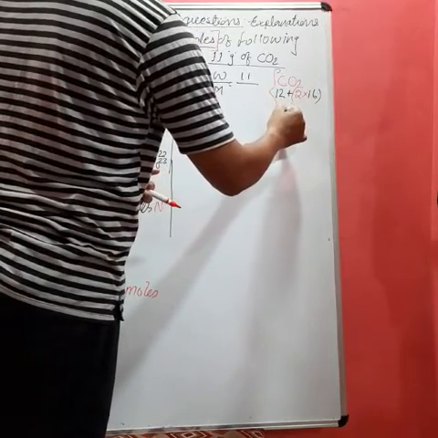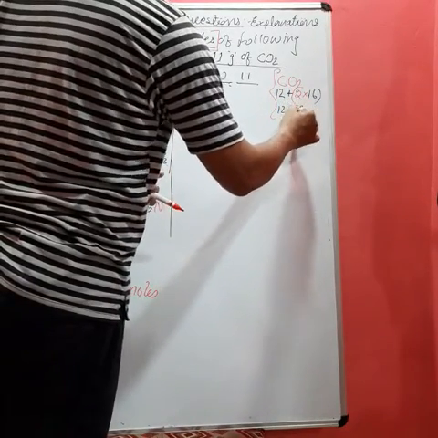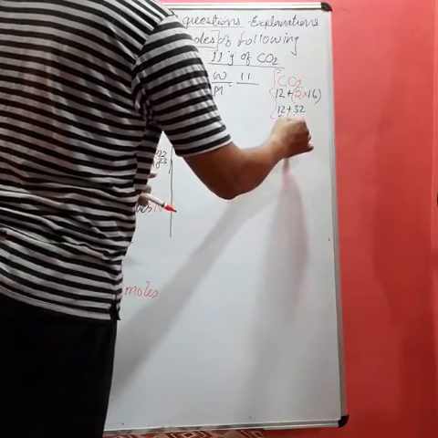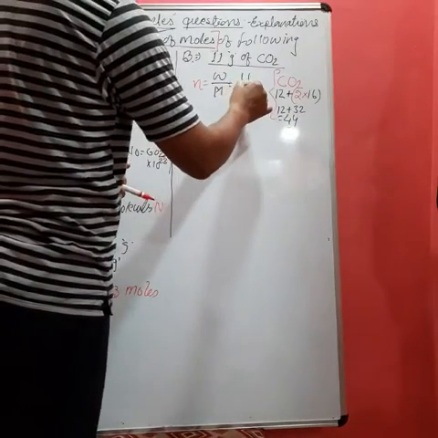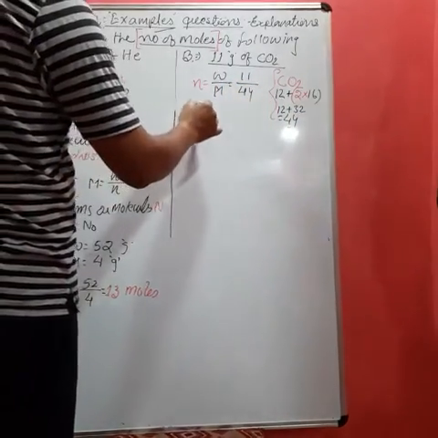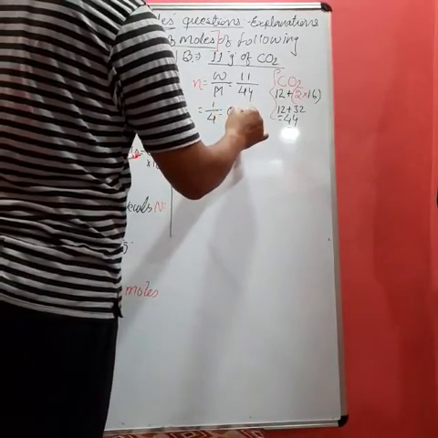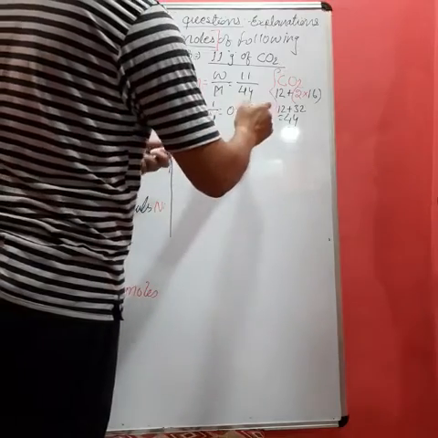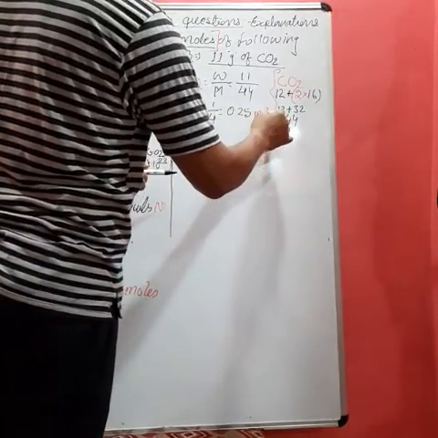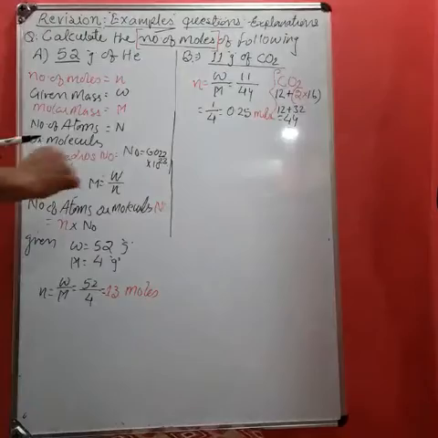So that will become 12 plus 32 is equal to 44. Now place this value 44. You will get the answer 1 upon 4, or you can write 0.25, and must write moles.